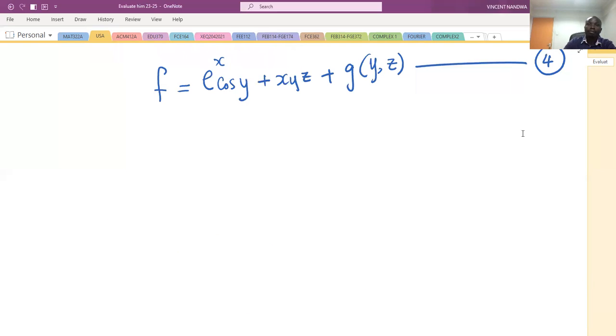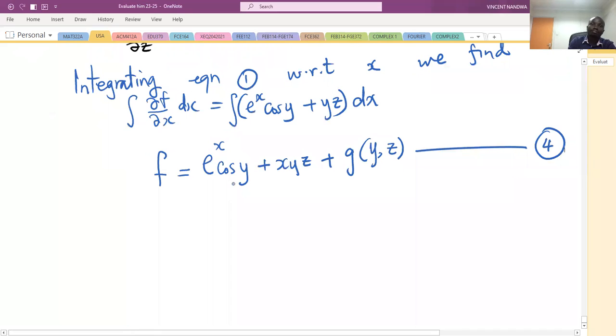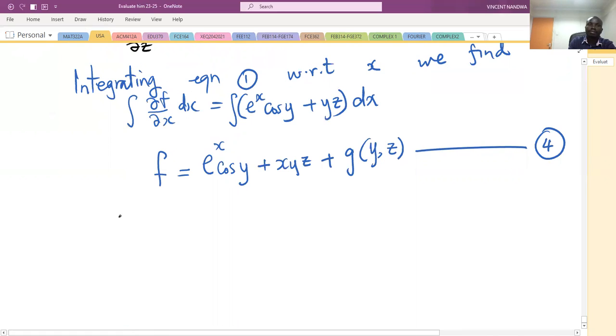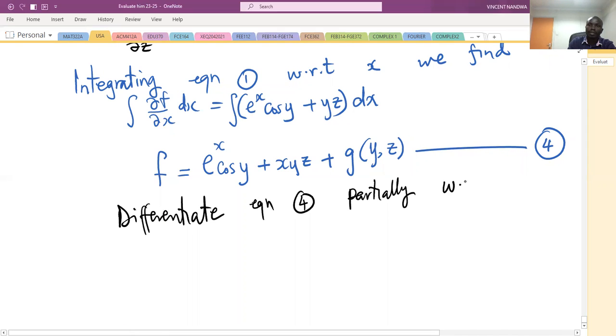Now we again differentiate this equation 4. So differentiating equation 4 partially with respect to y, this will give us partial f partial y.